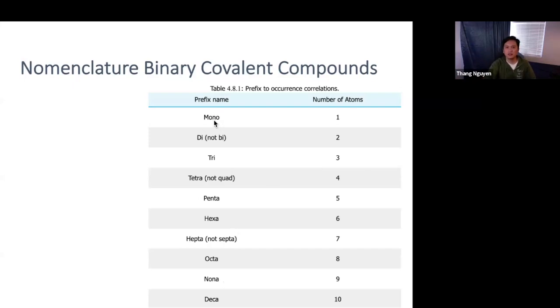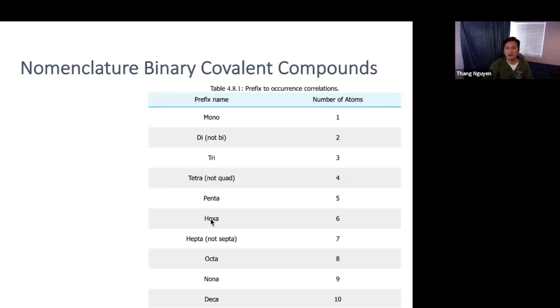So the first couple or three you probably have heard before, so it's not new to you. Mono means one, di will stand for two, and tri will be three. Maybe tetra you haven't heard of, but tetra would be 4 atoms. And then after that, 5 and beyond, they are Latin root words. So hopefully you are somewhat familiar with them in your geometry class.